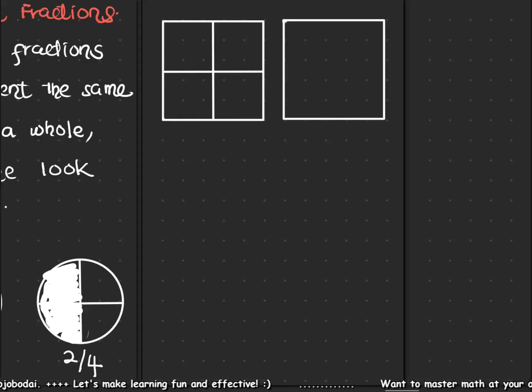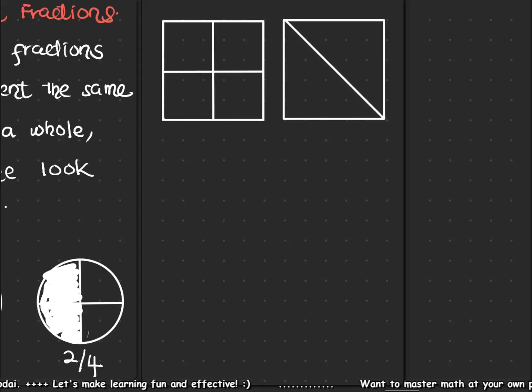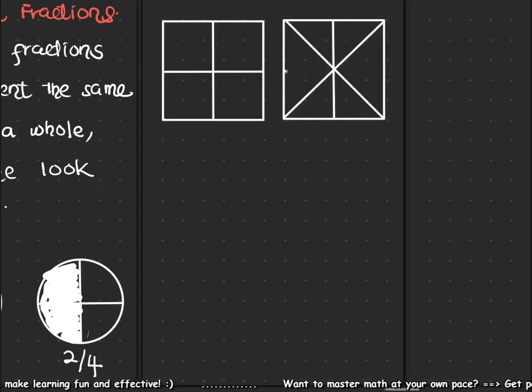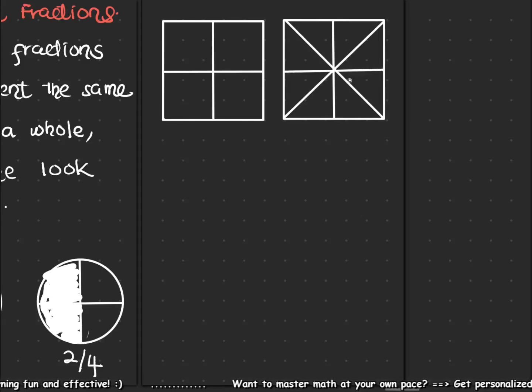Then for this here, I'm not going to divide into 4, but I'm going to divide into more than 4. So this here has been divided into 4 equal parts, whereas this, on the other hand, we have 1, 2, 3, 4, 5, 6, 7, 8 equal parts.